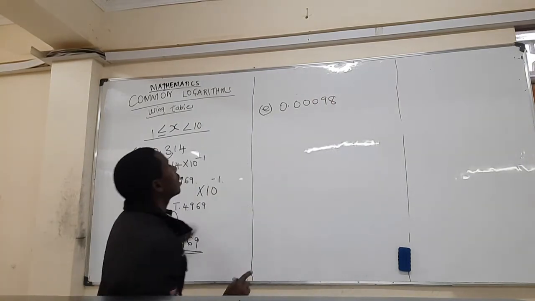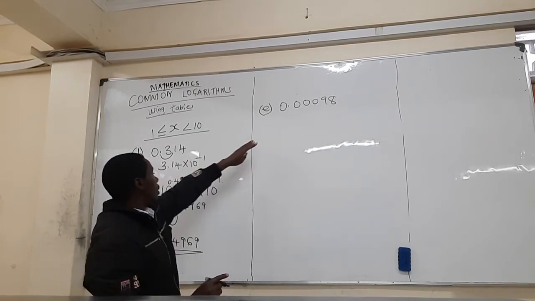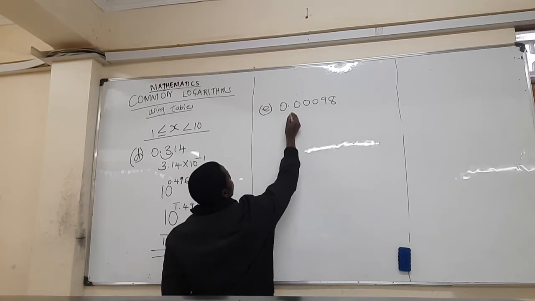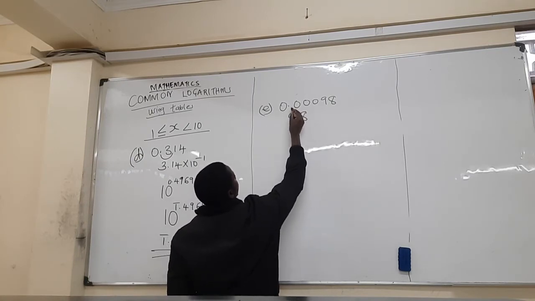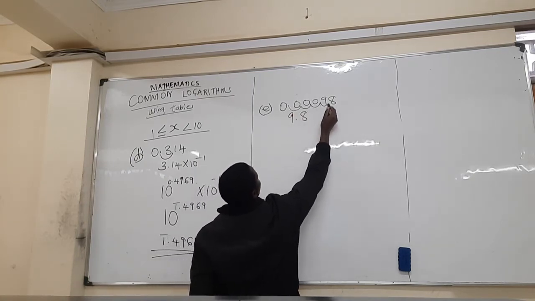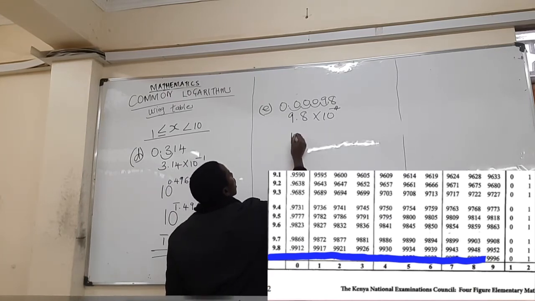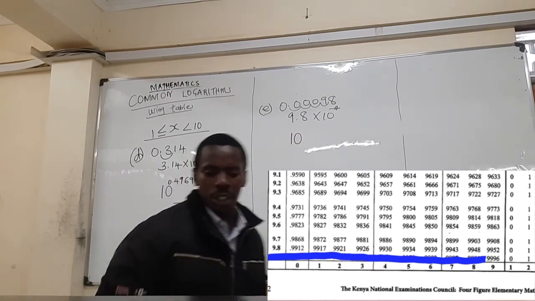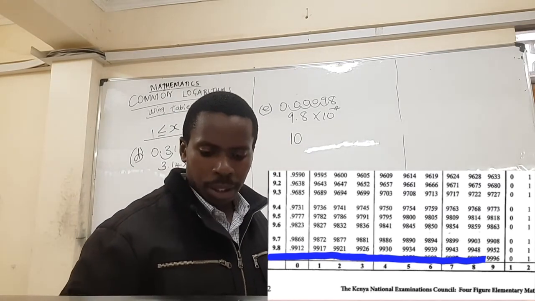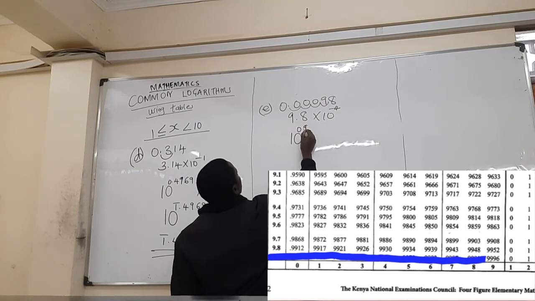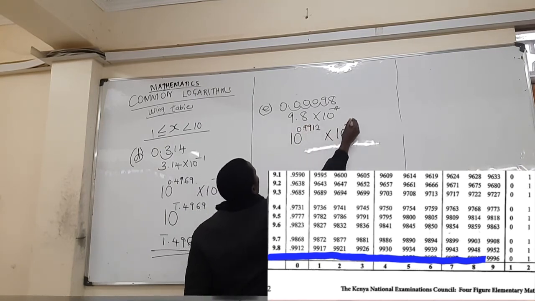The same case: 0.00098 is less than 1, so we write it in standard form. 9.8, how many places? 1, 2, 3, 4, times 10 power negative 4. So we get the logarithm of 9.8, which is 0.9912, of course, times 10 power negative 4.